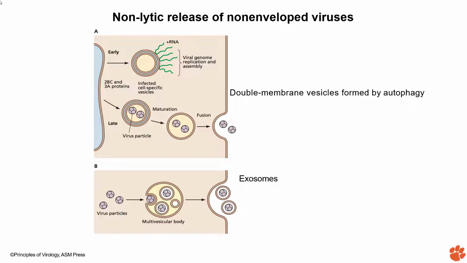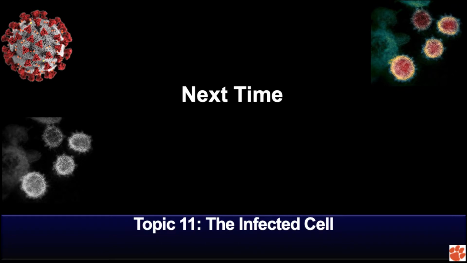All it has to do is go to a susceptible cell, and that vesicle will fuse with the plasma membrane, delivering the virus inside the cell. So these are the two different ways that are called the non-lytic release of the non-enveloped virus. It keeps the cells alive for a longer time, and they can release these viruses in this way. All right.